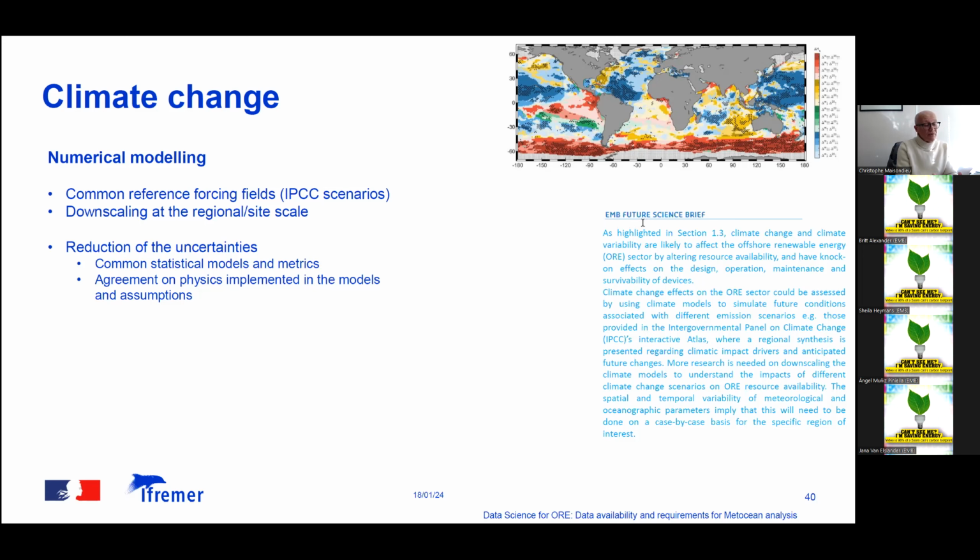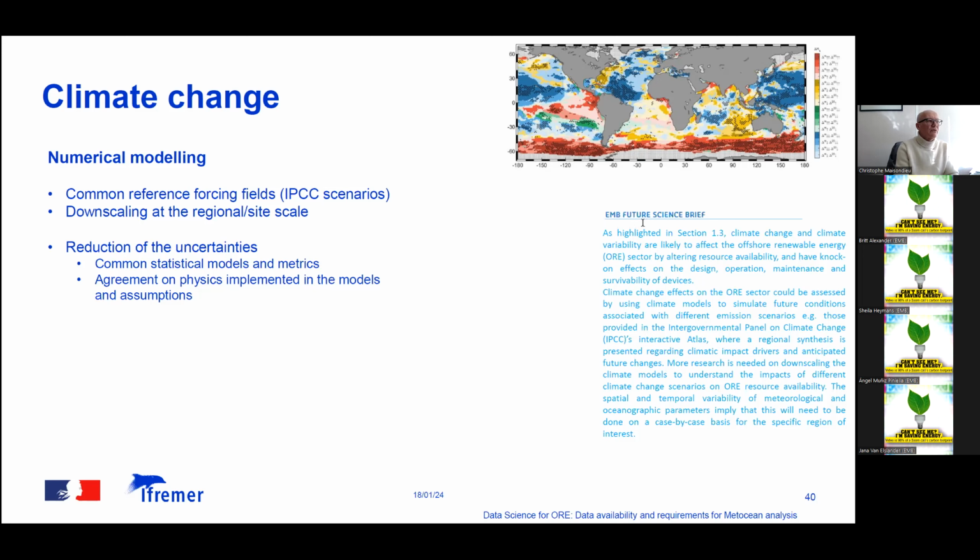We have to base this assessment on commonly defined scenarios and data sets. We have to develop tools for downscaling at the regional and site scale, which is really important.